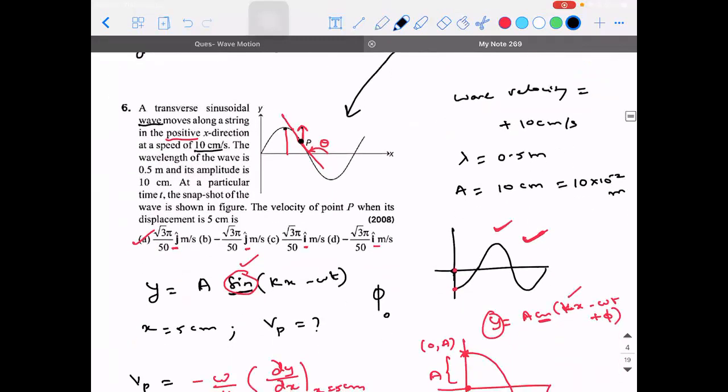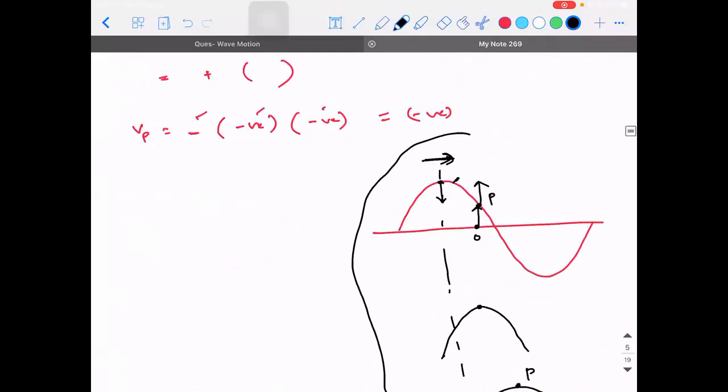Yes sir. Okay sir, then in case the P point was like, if it was the second one here, then it would have been a downward direction. Okay. Yes, downward. So that is only, like we are trying to guess the answer, without solving, we are trying to find the direction.